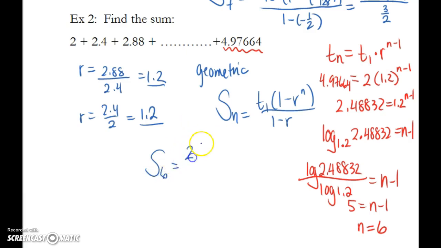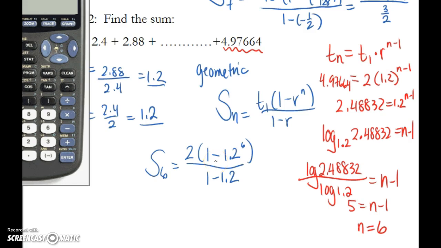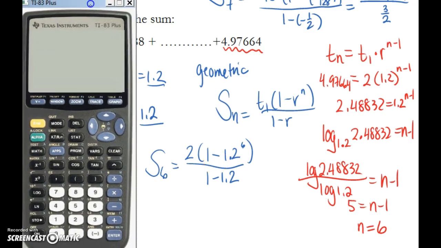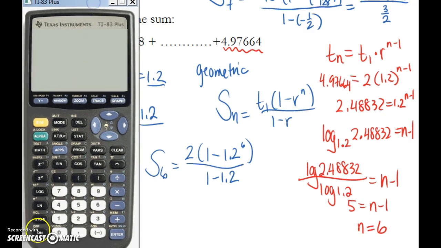Our first term is 2, r is 1.2, n is 6, over 1 minus 1.2. If you're going to put the whole thing in your calculator, make sure you put the denominator and numerator in their own sets of parentheses, otherwise your calculator is not going to have the correct order of operations. So let's see how this works.